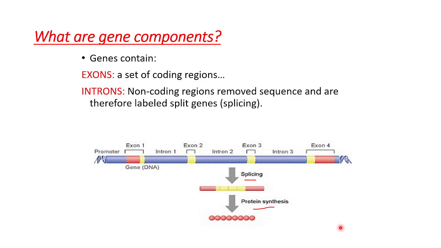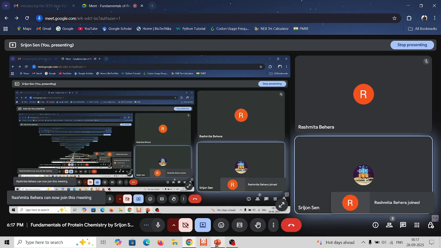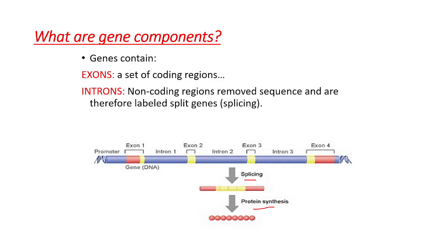Therefore, introns are present in between the small exon regions, such that there is a control between the exons and the introns, followed by splicing of the exon regions.